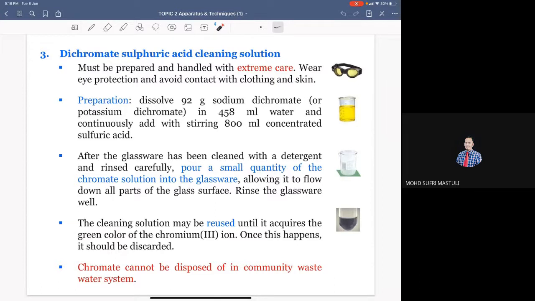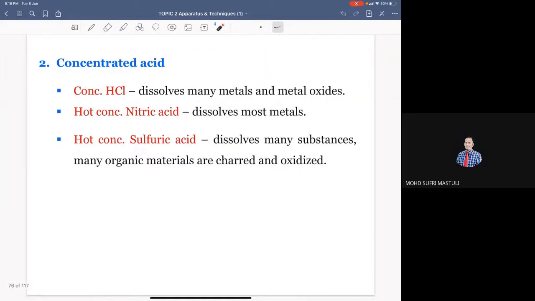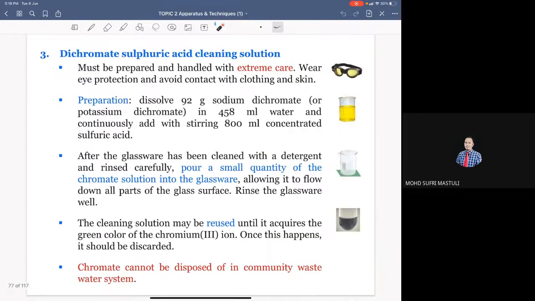This is another cleaning solution, dichromate sulfuric acid. When you want to use dichromate sulfuric acid, you should handle it with extreme care, the same as concentrated acid. Handle with care. You should use PPE, wear eye protection, and also avoid any contact with clothing and skin.